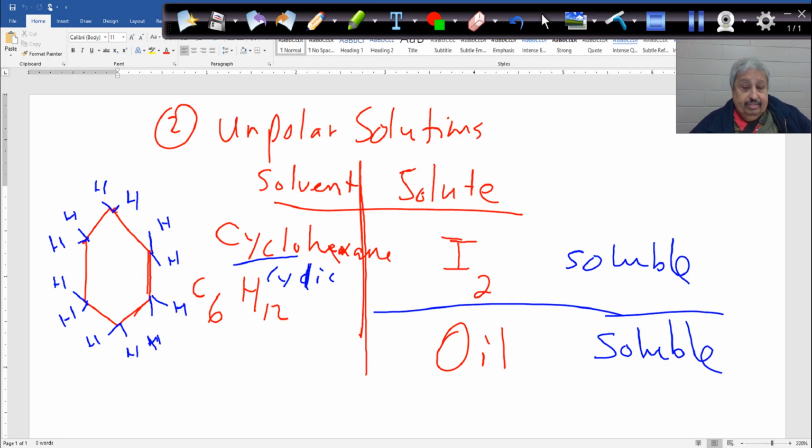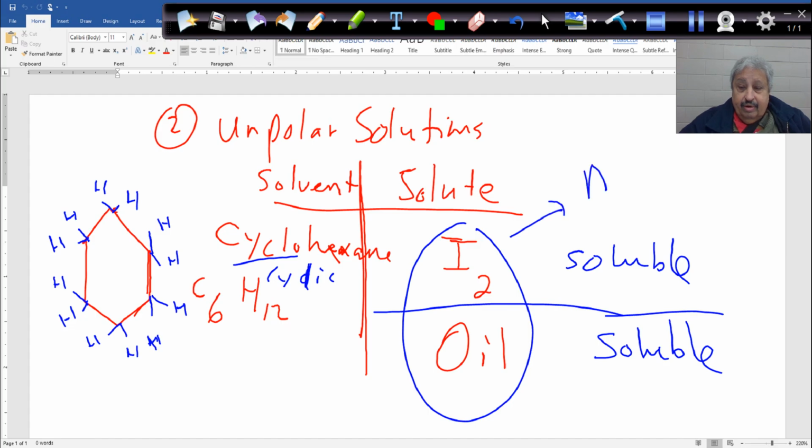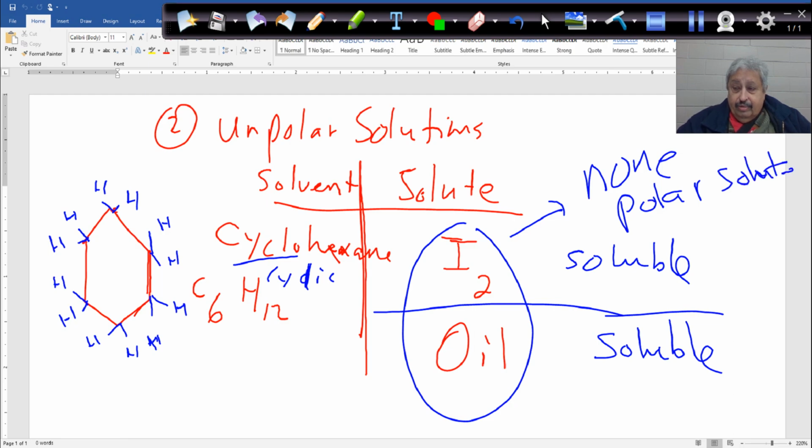It's not soluble. Only non-polar solutes dissolve. So you will see that the polar solvent will dissolve polar solutes, and the non-polar solvent will dissolve non-polar solutes.